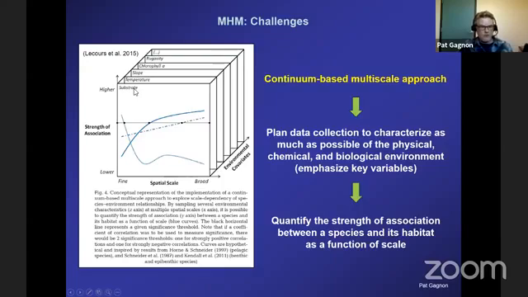In this case, they gave the example of could be the nature of the substrate. So is it soft? Is it hard? You could be interested in measuring temperature in the water, the slope of the seabed, the amount of chlorophyll, rugosity, and so on. So you could have these layers of information for the same location of the seabed.